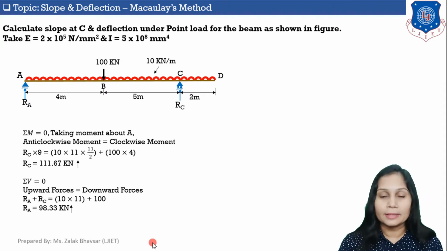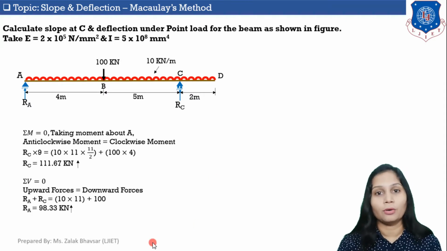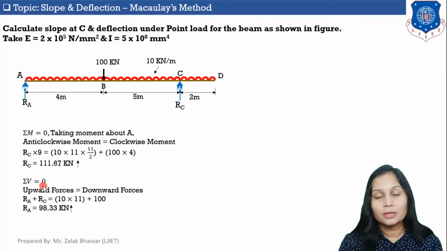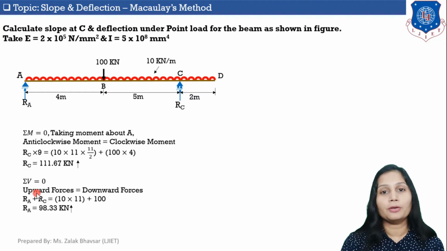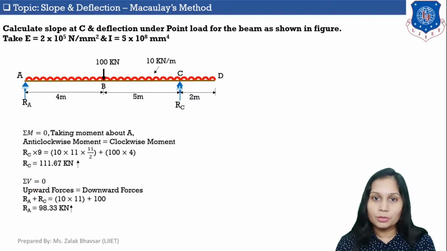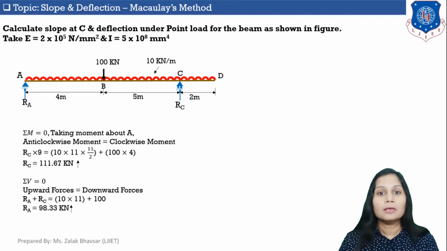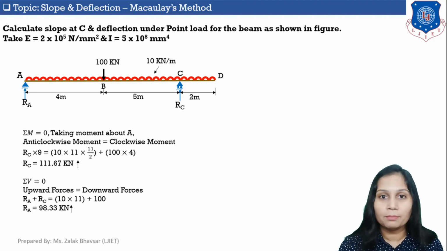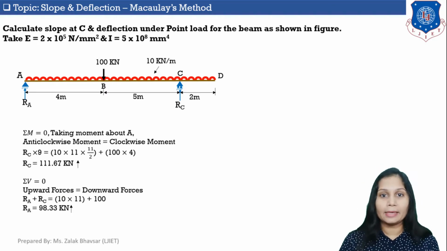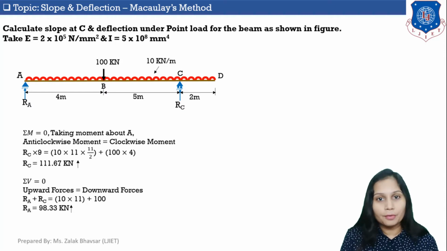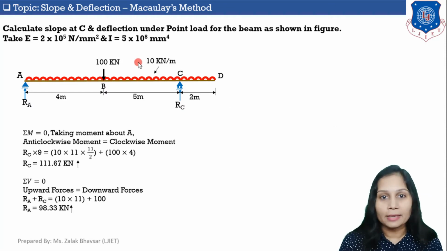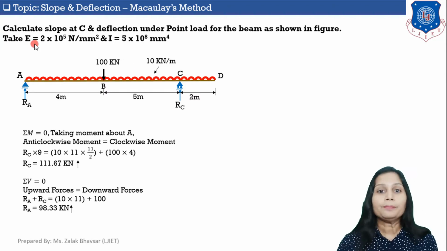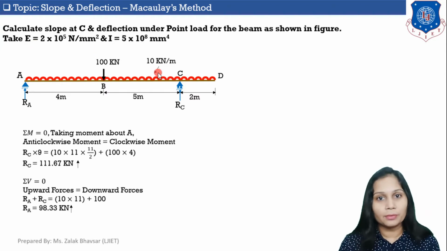Now let's apply the second condition of equilibrium, which is sigma V is equal to 0. So we can say that upward forces are equal to downward forces, because sigma V is the summation of vertical forces. In this given beam, reactions RA and RC are acting in an upward direction and the 10 kilonewton per meter UDL and 100 kilonewton point load are acting in a downward direction.